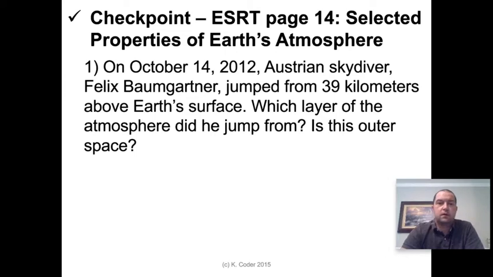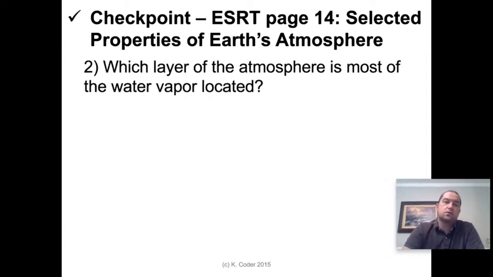Now, on October 14th, 2012, Austrian skydiver Felix Baumgartner jumped from 39 kilometers above the Earth's surface. Which layer of the atmosphere did he jump from? Is this outer space? Use your Earth Science reference tables on page 14 to answer this question. 2.